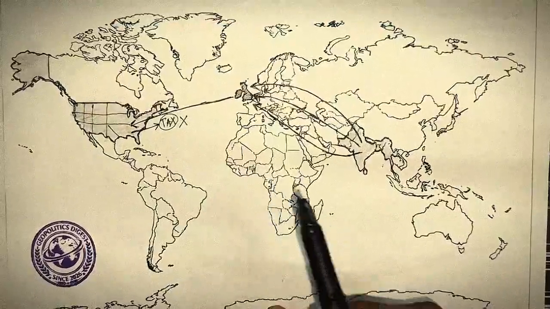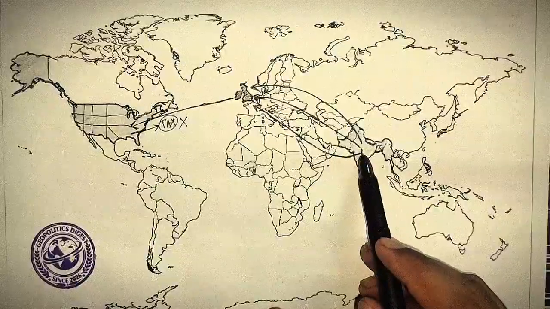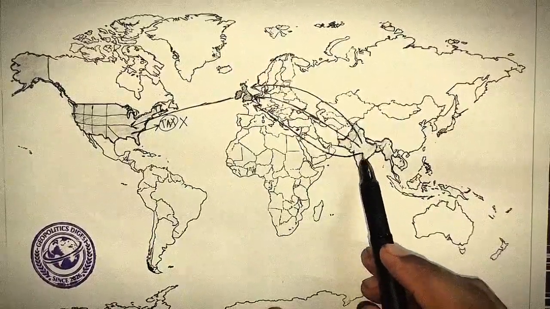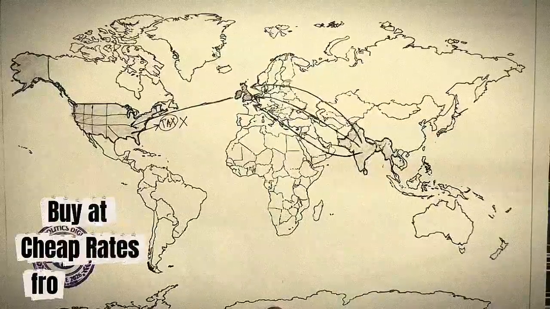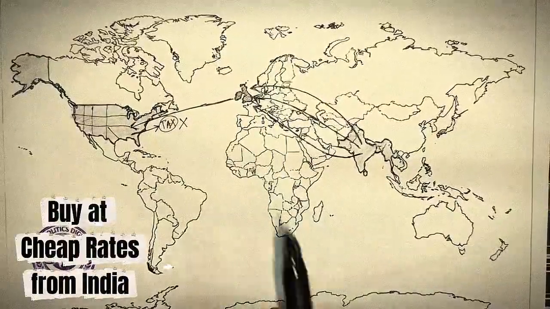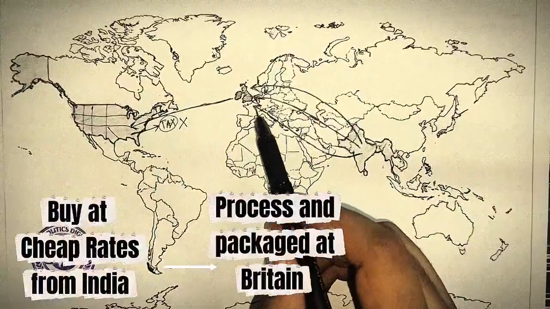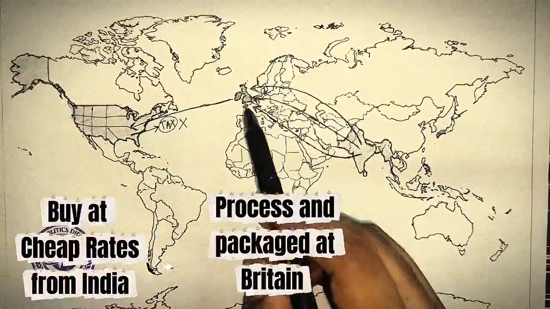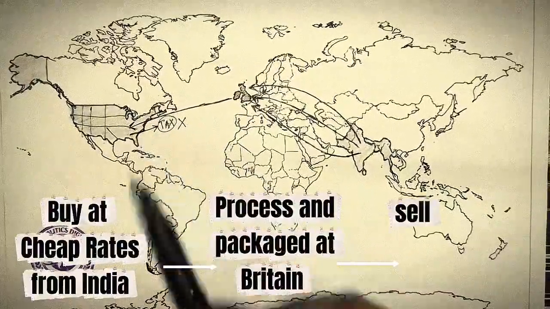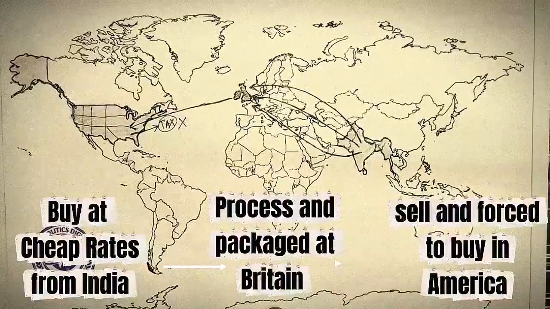The Britishers used to buy tea at highly subsidized, or rather cheap, rates from the Indian subcontinent and transfer it to Britain. They processed and packed those tea leaves, sealed them and sent them to the US. The British used to force them to buy that tea.